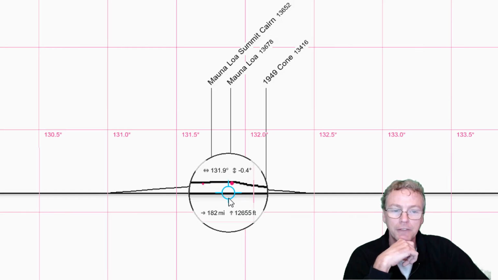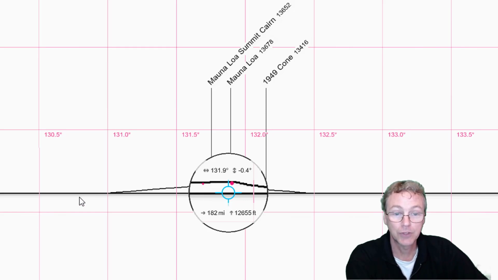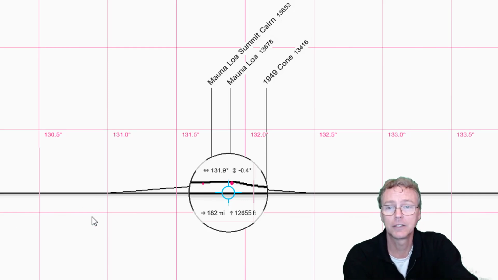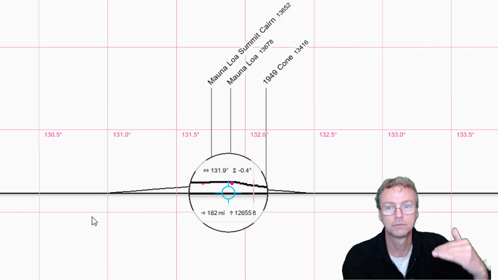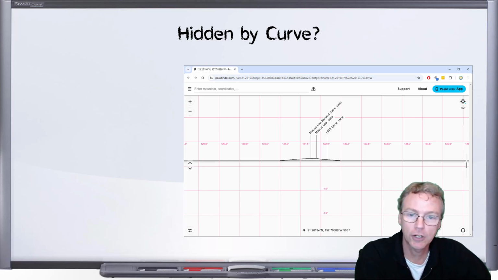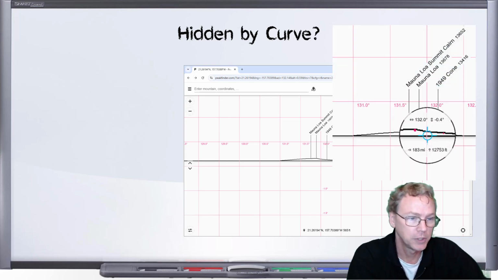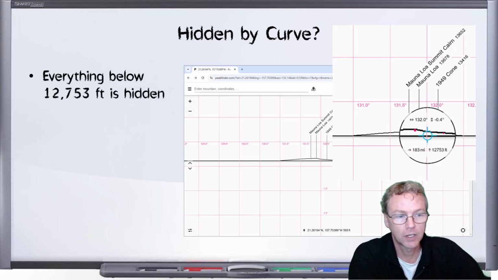If this line is 12,600 feet, there's 12,000 feet of island below there. This island has been cut off from the bottom. Has the island been hidden by a curve? We took a look, we zoomed in, and we see that 12,753 feet is hidden.